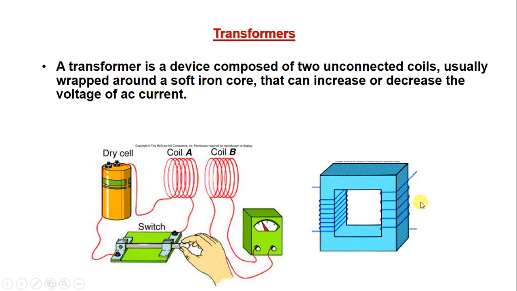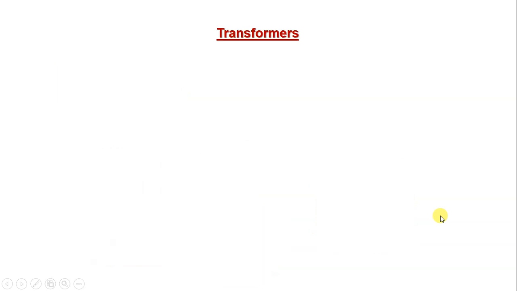It's made of three things: coil A, let's say, or coil 1, coil 2, and the iron core. Now, girls, how will we connect these coils? Will we keep them like this, one and this one, without any connection? For sure no. Let's see together.